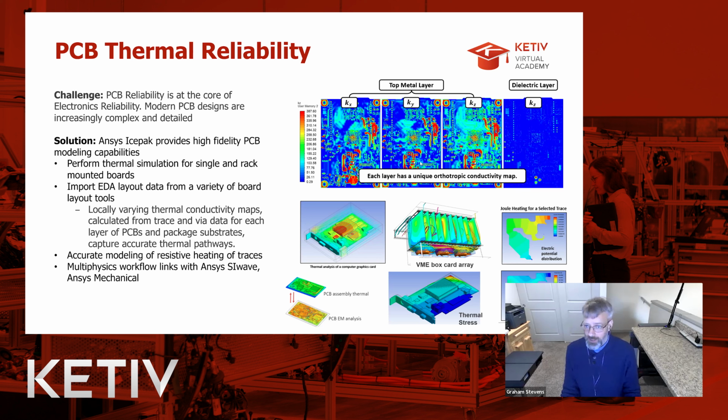And so IcePak and Mechanical have something called trace mapping, we'll get to it in a minute, that allows you to make those simulations more tractable, where we chop up the board into a grid and then calculate the conductivity of all the elements that are there and then feed that into the simulation. But these are just some examples here of what IcePak can do in terms of looking at your temperature distributions, your electric potential distributions, etc.